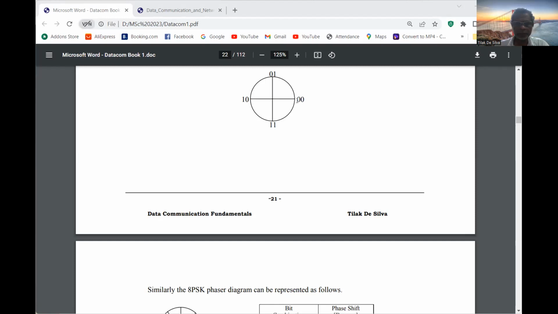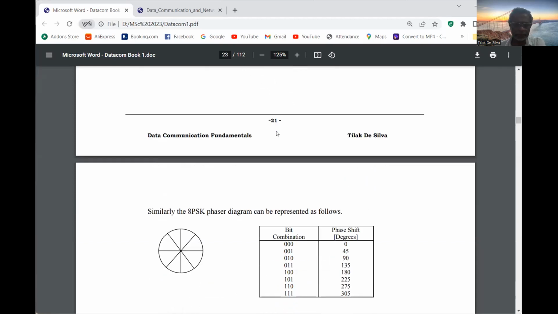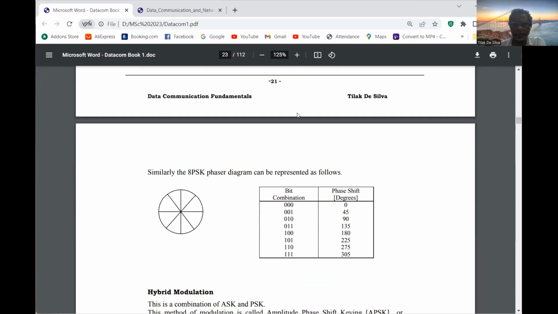This is 0 0, 0 1, 1 0, 1 1. So 0 0 means 0 degrees phase shift. 0 1 means 90 degrees phase shift. 1 0 means 180 degrees phase shift, and 1 1 will be 270 degrees phase shift. Okay. Then I have a video, I will share that one.